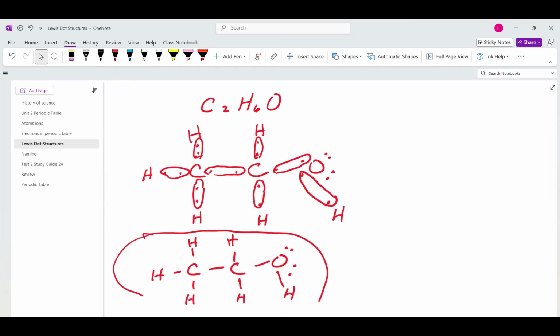Okay, so let's, instead of putting the carbons in the middle, let's put the oxygen in the middle and surround it with carbons. Putting the carbons in the middle is always a good starting place. And then check to see, and the more complicated the formula, the more options you're going to have.